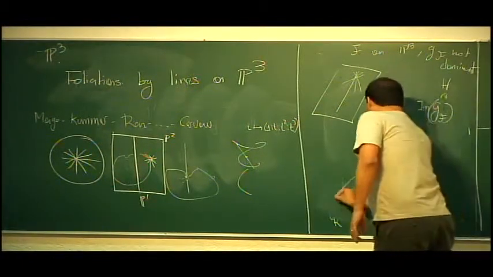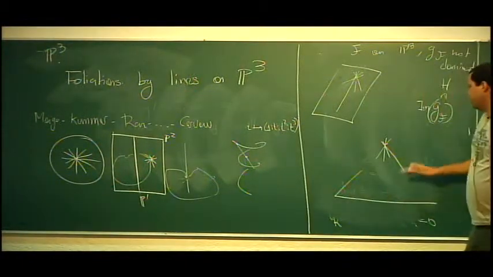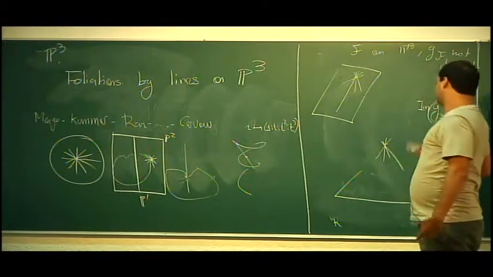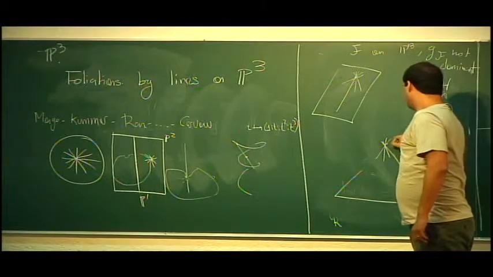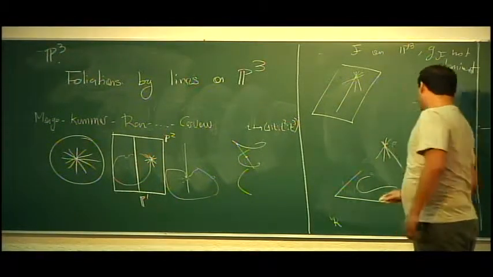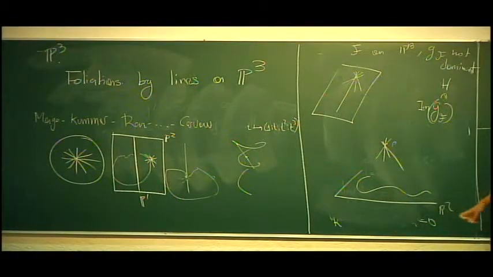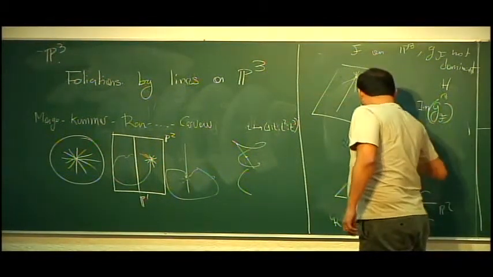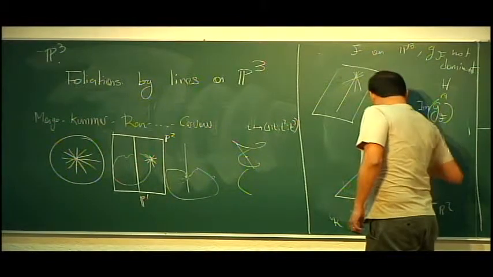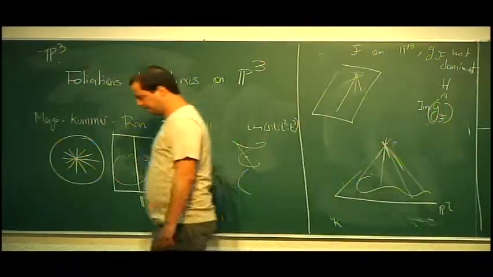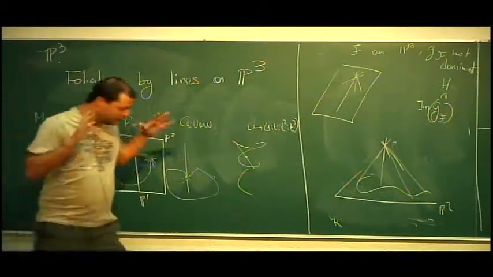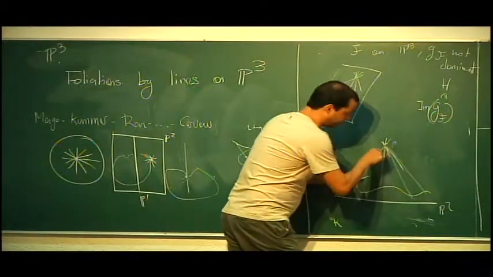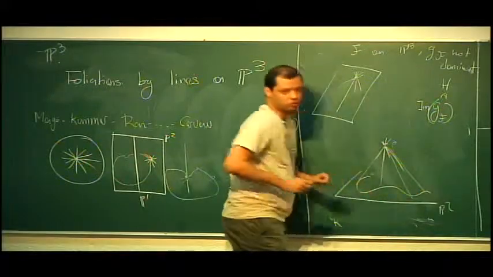This means that I can recover my foliation from the trace on any P2 outside this. In other words, if I take a P2 outside this point and look at the restriction of the foliation, now a P2 that's not in the image, our foliation will be the fibers of this Gauss map. The leaves of my foliation will be cones with vertex at these points over the leaves of the foliation on P2.